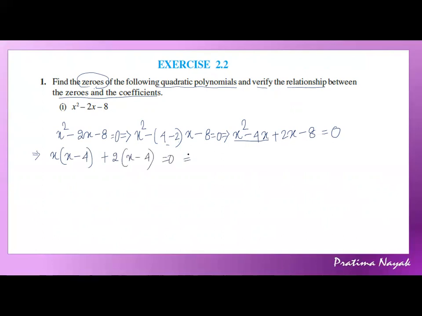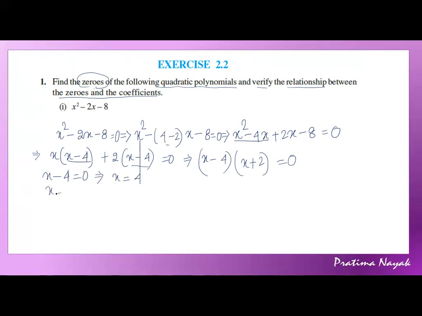Then, of course, you write one line, then lower to another line. Don't write horizontally, write vertically. There is no space, so I am writing horizontally. So here I'll get x minus 4 into x plus 2 is 0. So there are two options now. One is x minus 4 is 0. This gives you x is equal to 4.